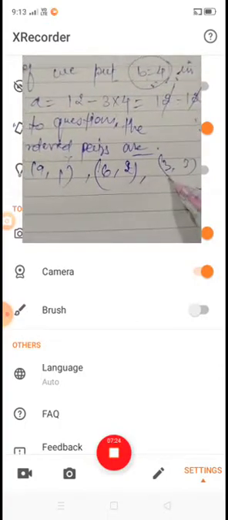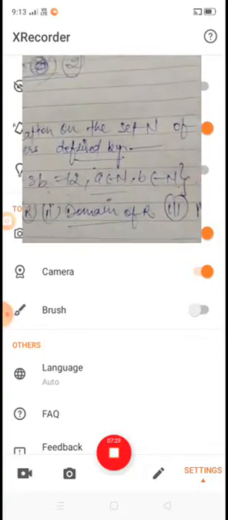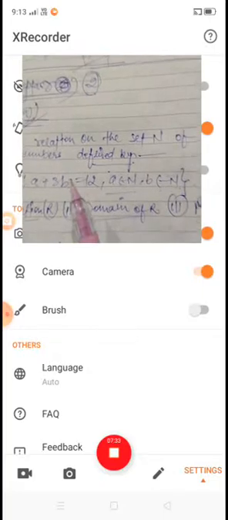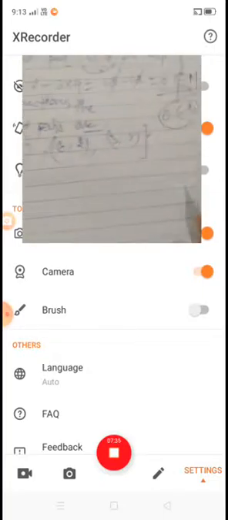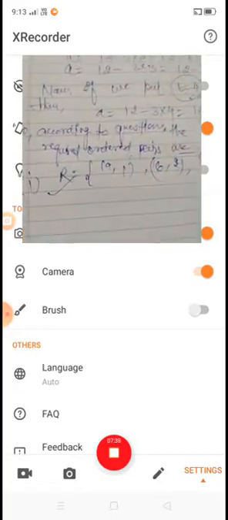This is the required relation according to the given context. Okay, this is your first answer.